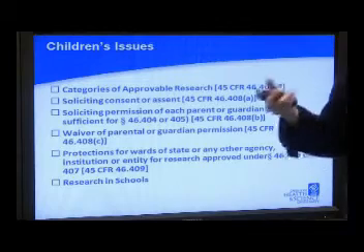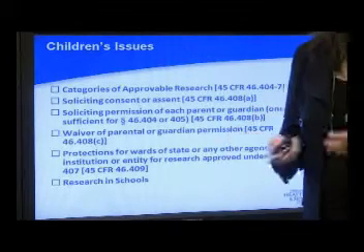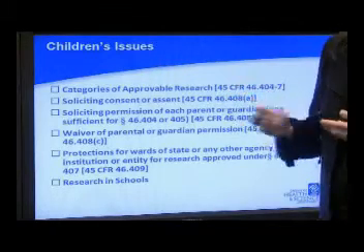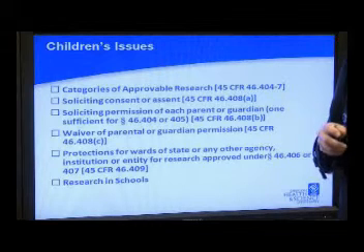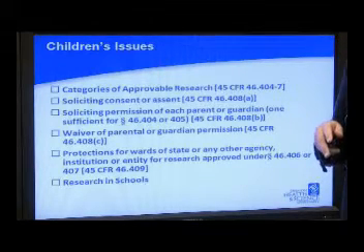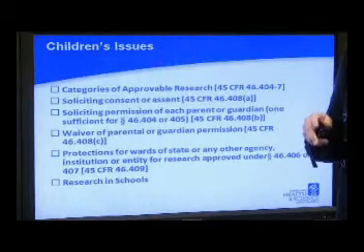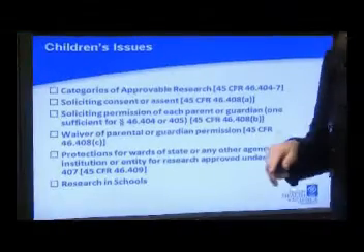So this making sense, and best examples of these are clinical treatment trials where it's a sick child seeking care and they're trying out a new treatment. The fourth category is greater than minimal risk research with no prospect of direct benefit for the children in the study, but likely to yield generalizable information about their disorder or their condition.